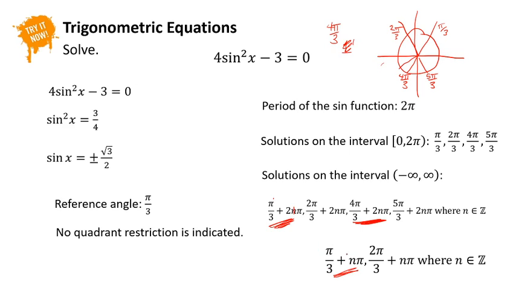So 3 pi over 3 plus 1 more pi over 3, we can get 4 pi over 3 out of this. We can also take a look at 5 pi over 3, and we can represent that here with n being 0. We can also represent that here with n being equal to 1.